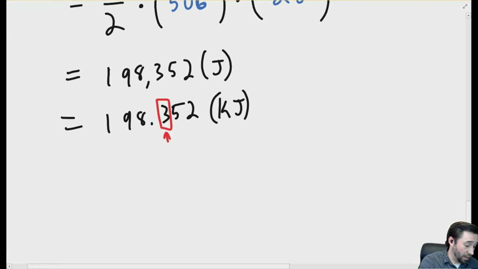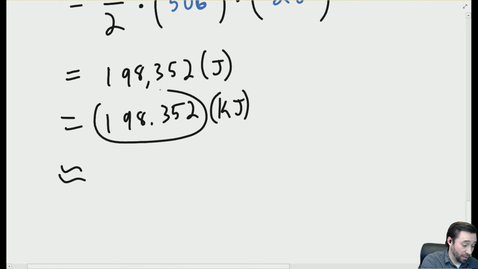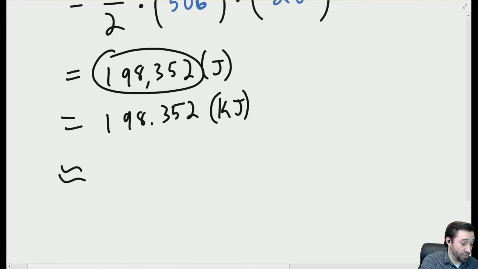So instead of 198.3, it's going to be approximately, and I'm saying approximately because I am rounding. I didn't put approximating here because this is the exact number, because all I did was change units, and I didn't do any rounding going from this step to this step.